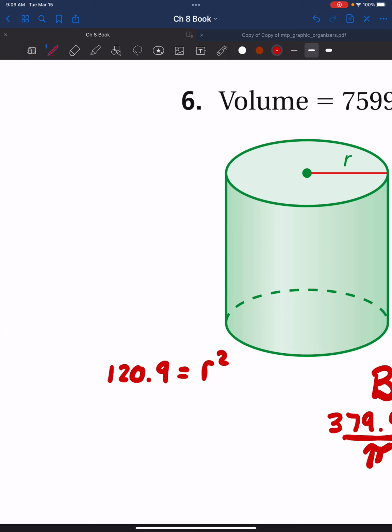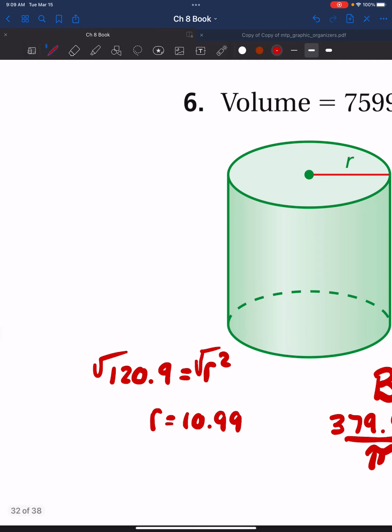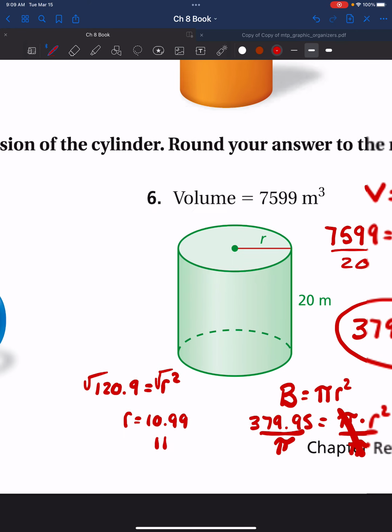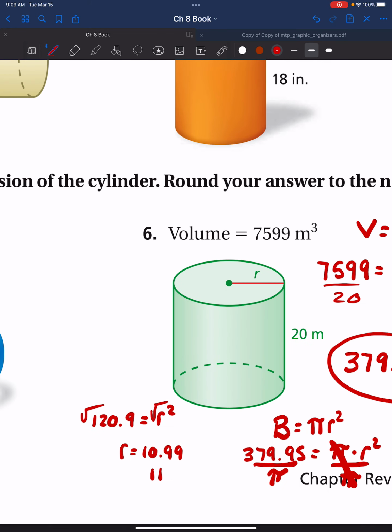How do I get that little squared away from my r? Do the opposite of squaring, which is to square root. So in my calculator, I'm going to say square root of 120.9. All right, after doing that, I got the radius equals 10.99. I can round that up to the nearest tenth, which would bump this all the way up to 11. So my radius is 11 meters.